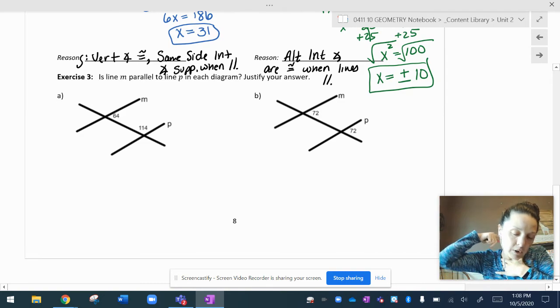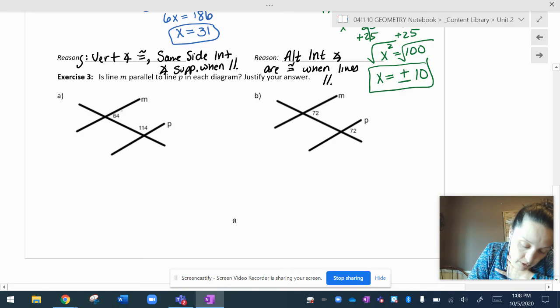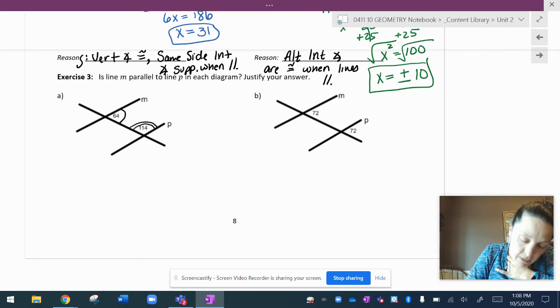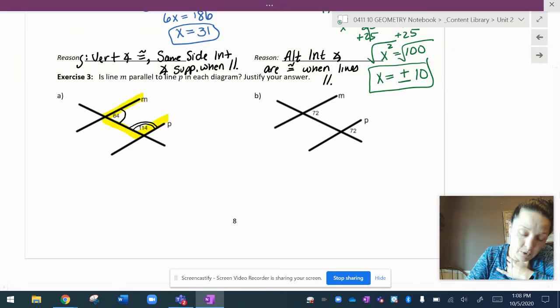Is M parallel to P? Well, here's the thing. This is why we've been writing out those sentences as corresponding angles are congruent when lines are parallel. So if I come here and look, 64 and 114, they kind of make a letter C here. So these are same side interiors.